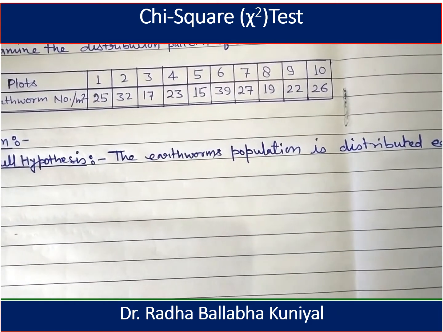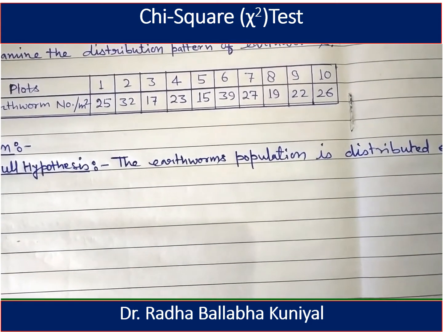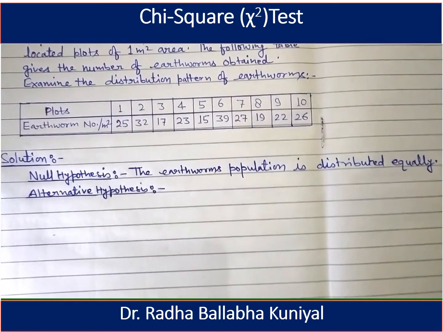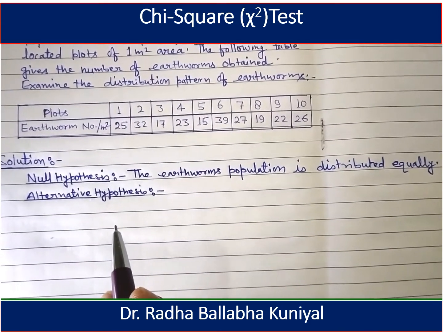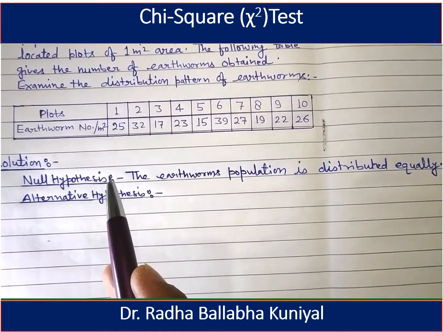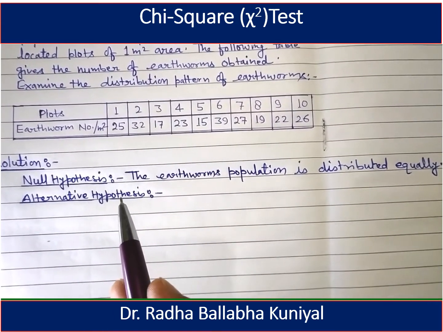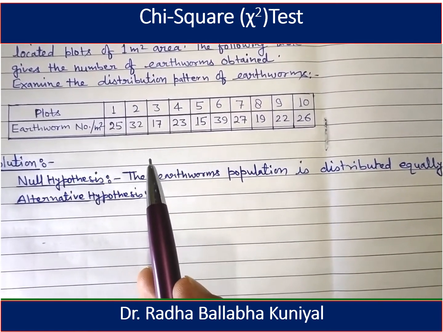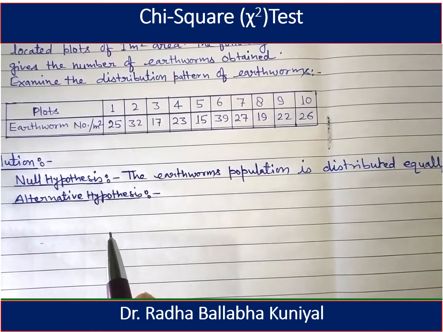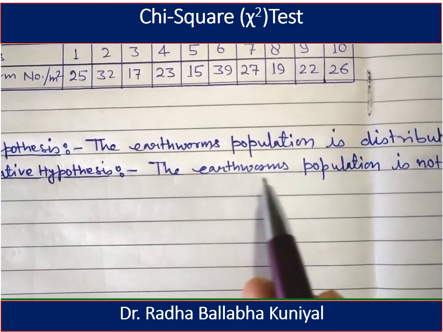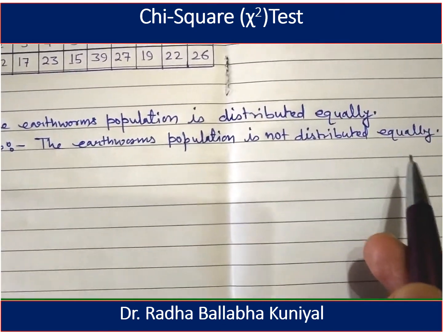Now we have to write the alternative hypothesis. Alternative hypothesis always contradicts the null hypothesis. And in alternative hypothesis, there is a significant difference between two variables. Thus, we can state that the earthworm population is not distributed equally.